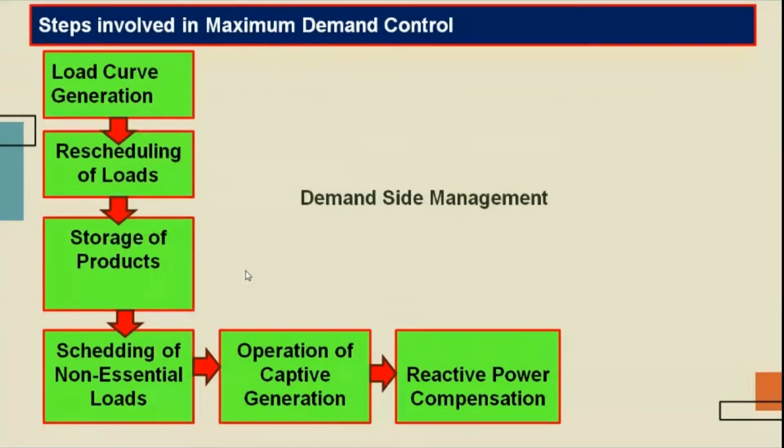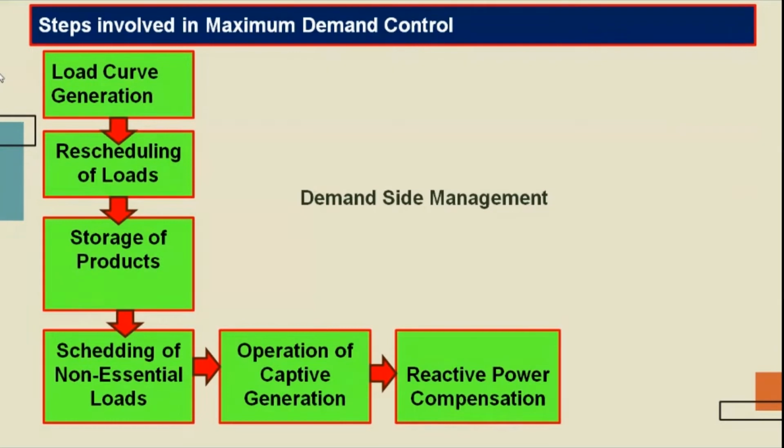Now let us move on and see what are the various steps involved in electrical load management or demand side management. So this is basically called demand side management. One by one we will see the various steps involved in the maximum demand control. The first point is load curve generation.